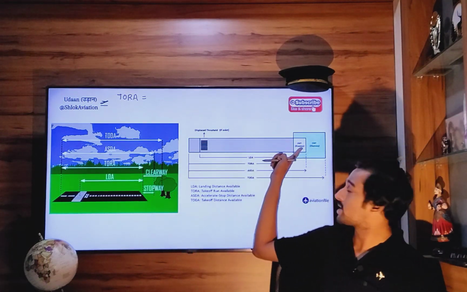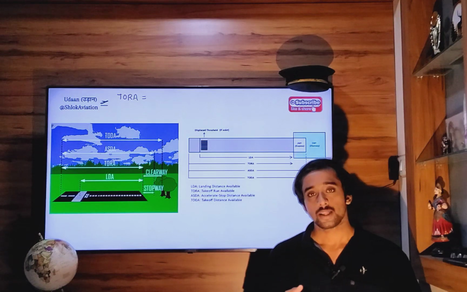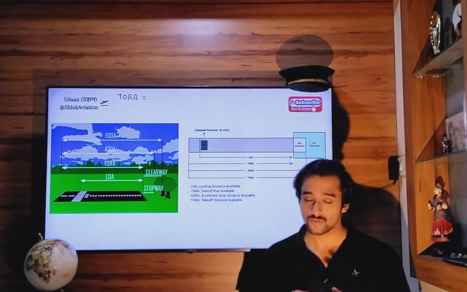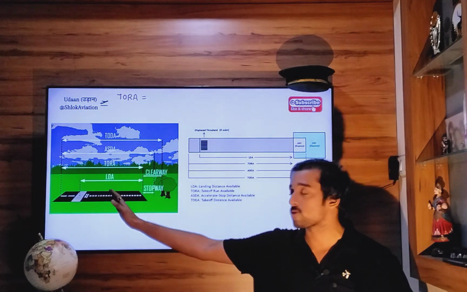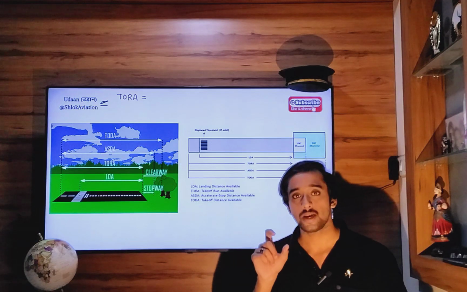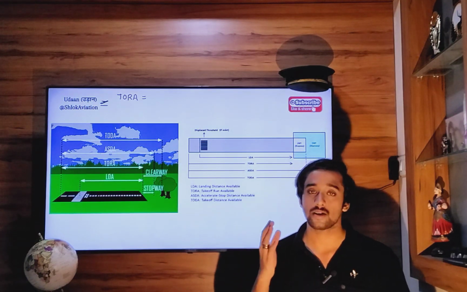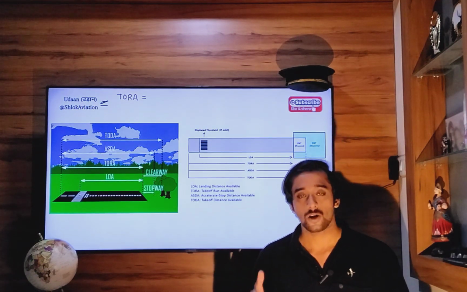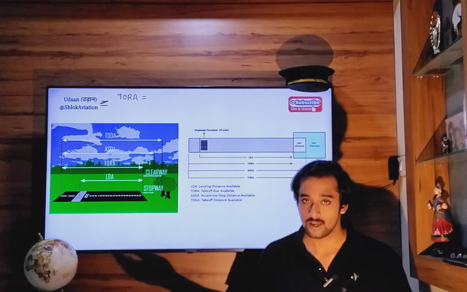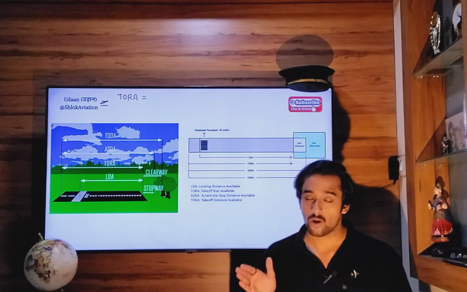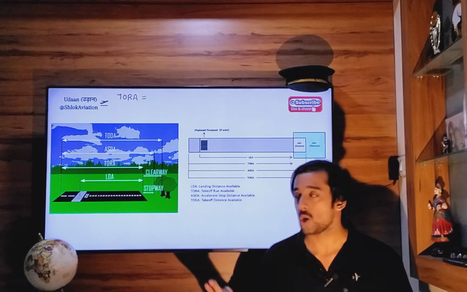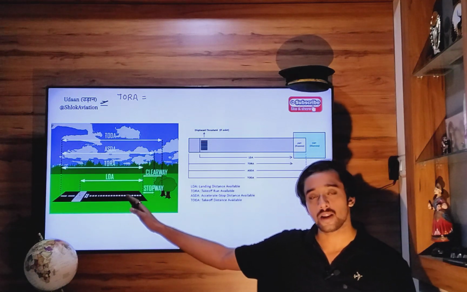Next thing, stopway. What is stopway? The purpose of the stopway is to stop any aircraft which has aborted its takeoff roll on the runway. There is a speed called V1 speed. If you pass this speed, you should continue your takeoff roll and lift off. At or under this speed, you can decide to abort your takeoff roll and stop your aircraft within the available runway distance.